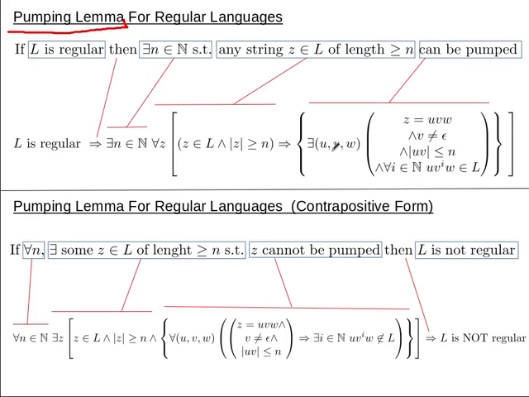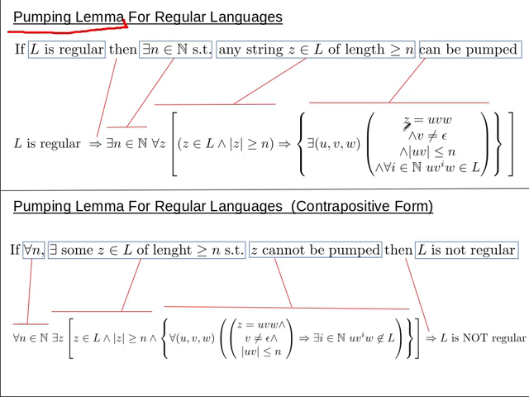Here we are saying that A is regular implies that strings can be pumped. In the contrapositive form, it will say that this pumping cannot happen implies that L is not regular. So this entire thing should be the negation of this entire thing.